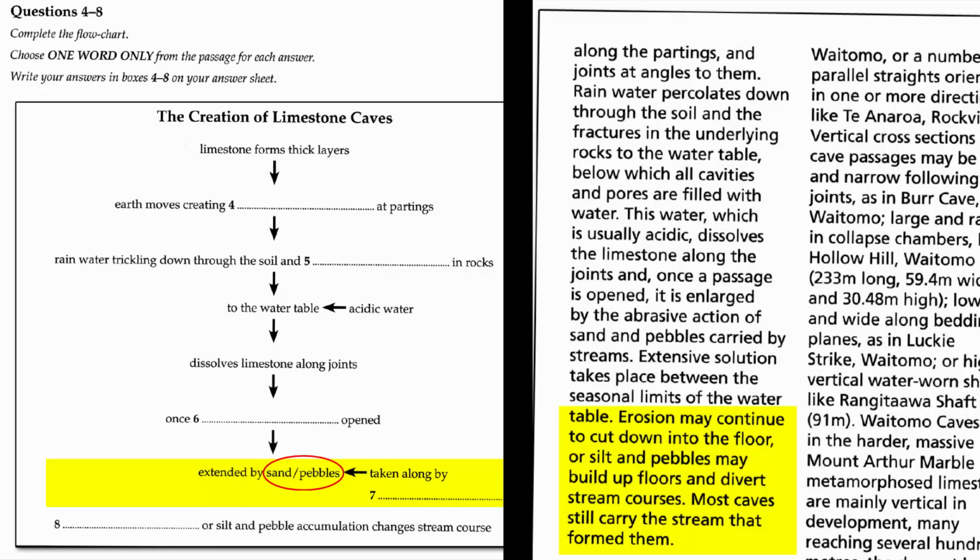Now, they divert stream courses means they are actually taken along by streams. That is why they divert stream courses. So the answer to question number 7 is "streams." That'll be the answer, okay? Because if we move on, there isn't any mention of that. So it is "stream courses," so you can write stream or streams. Both answers are going to be correct.